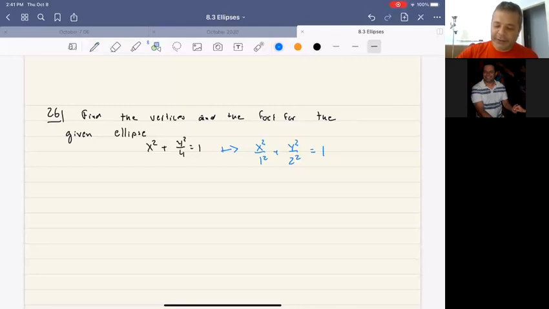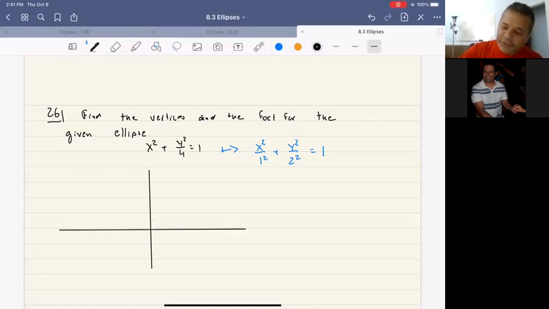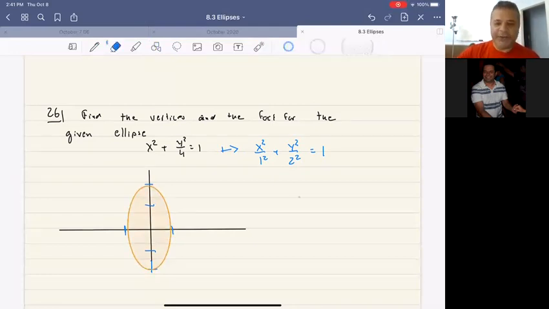So when I draw this, I know that it's going to go left and right 1, and up and down 2. So if I try to draw this thing, it's going to go like so. Oh, that's one of the better ones.